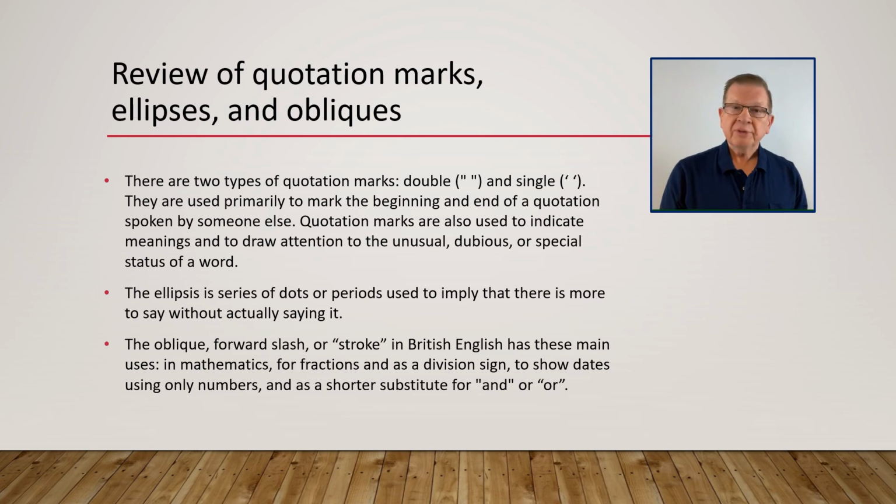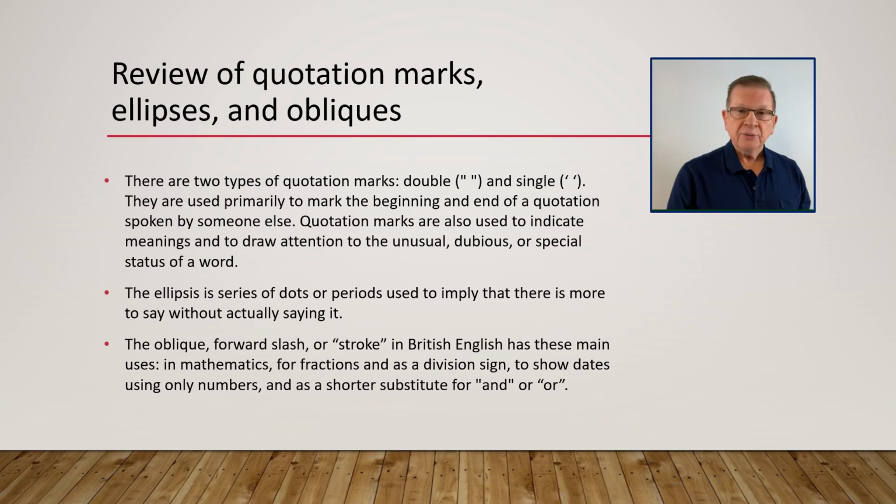Now let's review what we have learned about quotation marks, ellipses, and obliques. There are 2 types of quotation marks, double and single. They are used primarily to mark the beginning and end of a quotation spoken by someone else. Quotation marks are also used to indicate meanings and to draw attention to the unusual, dubious, or special status of a word. The ellipsis is a series of dots or periods used to imply that there is more to say without actually saying it.